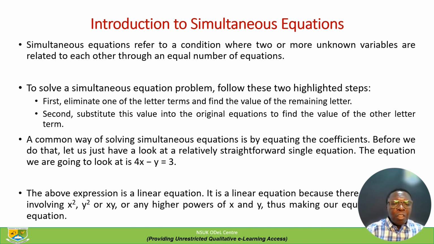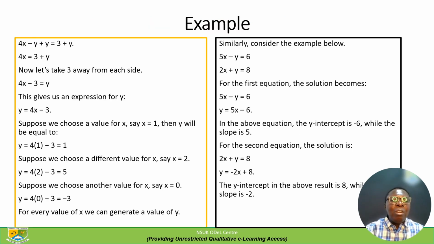The above expression is a linear equation. It is a linear equation because there is no involvement of x to the power of 2, y to the power of 2, or xy, or any higher powers of x and y, thus making our equations linear equations.